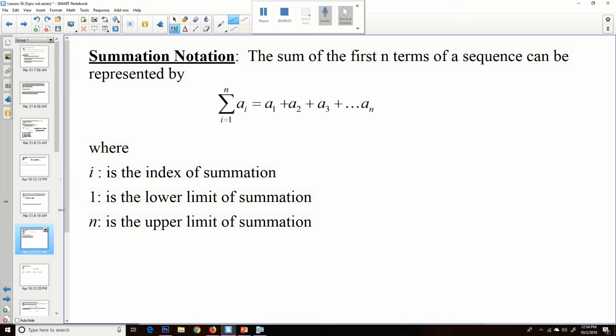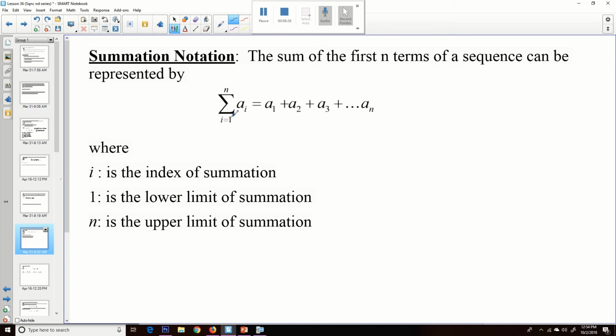Summation notation. The sum of the first n terms of a sequence can be represented by this sum symbol. And the sum symbol is just saying that we are going to add up all of the terms. This i here is the index of summation, where 1, in this particular case, is the lower limit of the summation.